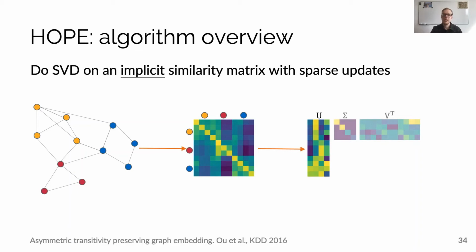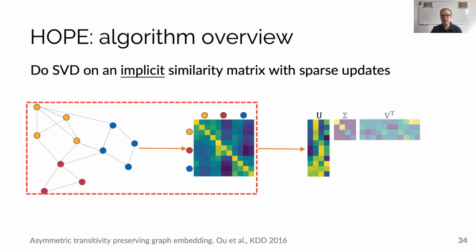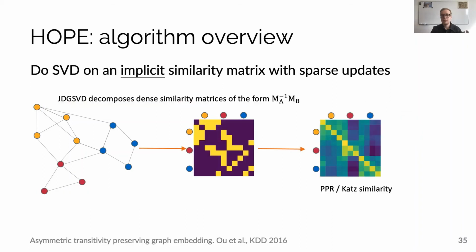So can we do the decomposition implicitly with some sparse linear algebra solvers? It turns out that yes, we can do that. We construct the similarity matrix implicitly by using the adjacency matrix and then using some special form of SVD that decomposes matrices of the form inverse of the matrix A times matrix B.